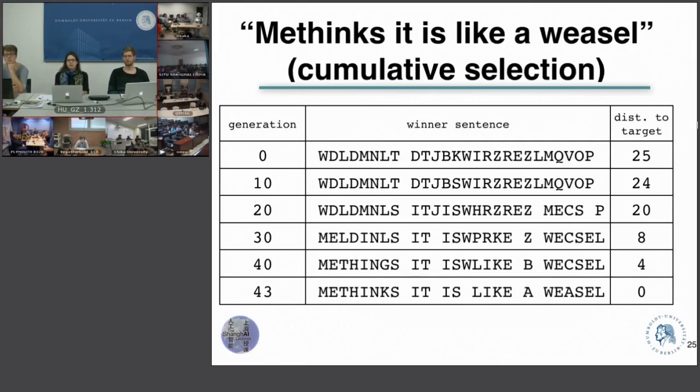So we start here, generation 0, with some random text typed by this agent. And what we do here, we don't continue randomly, but we measure how good this sentence is already. So how close this sentence is to "Methinks it is like a weasel."